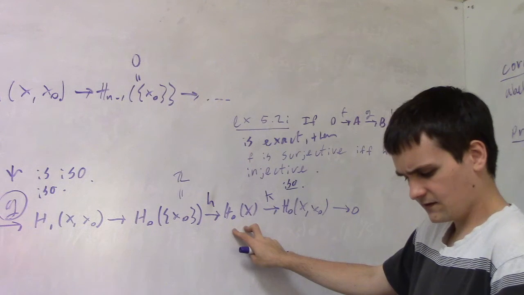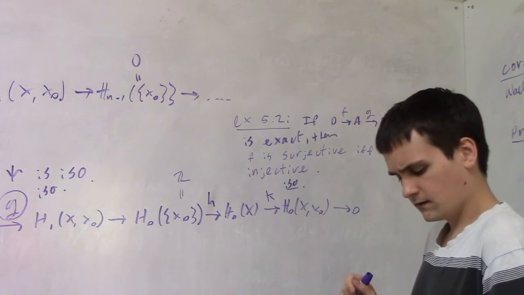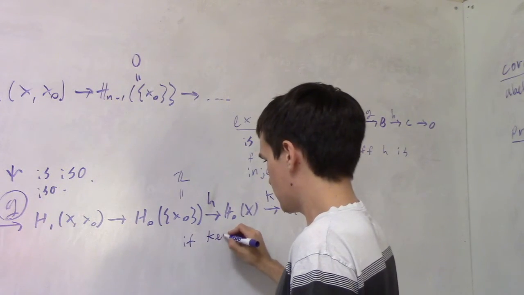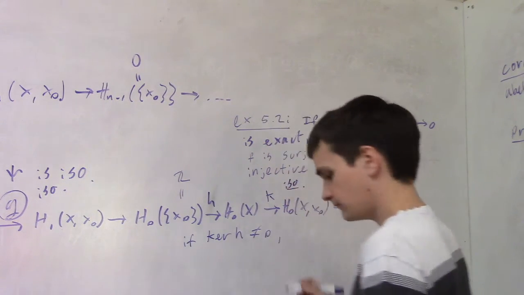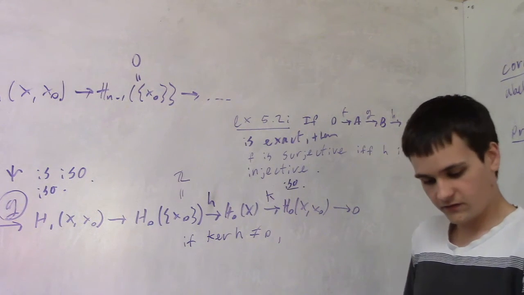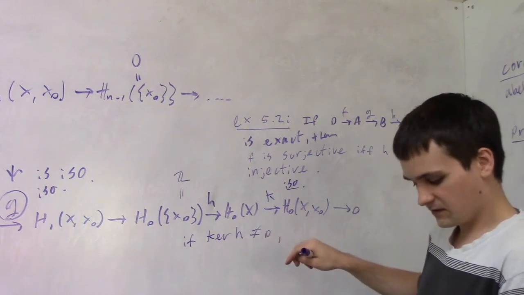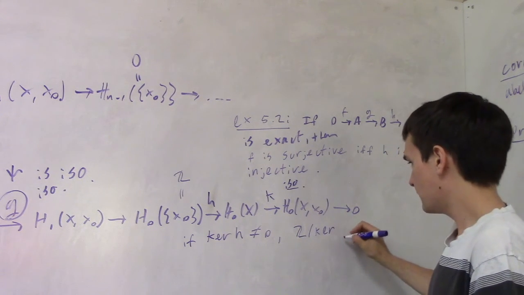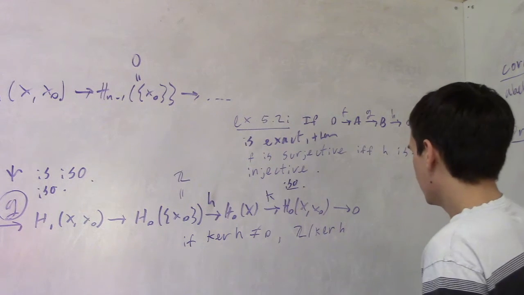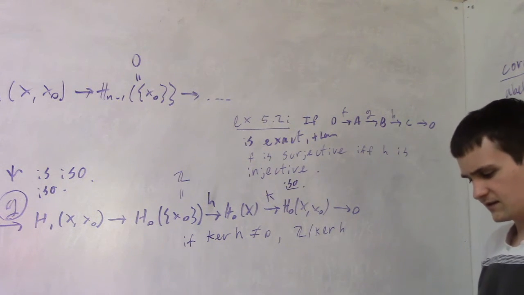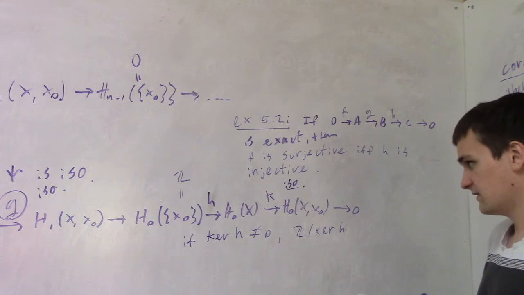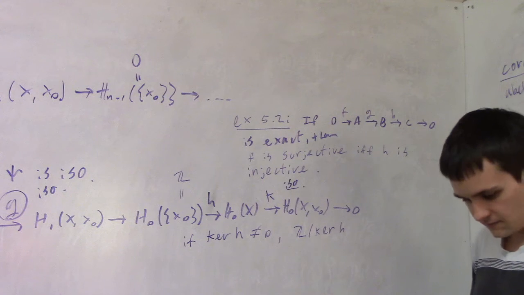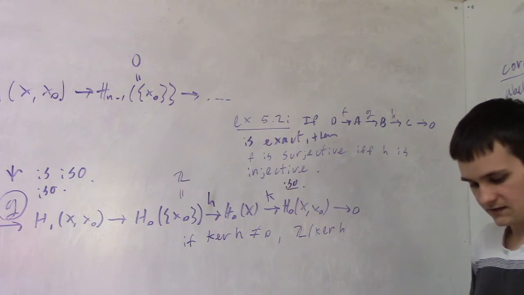The reasoning they give is that if the kernel of H were not equal to 0, then there would have to be a non-trivial subgroup of this free abelian group, Z mod the kernel of H. But that would have to be a finite subgroup, which is impossible because this is a free abelian group. Therefore, if H is non-trivial, H must be injective.